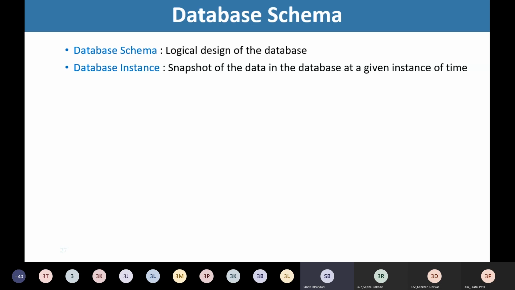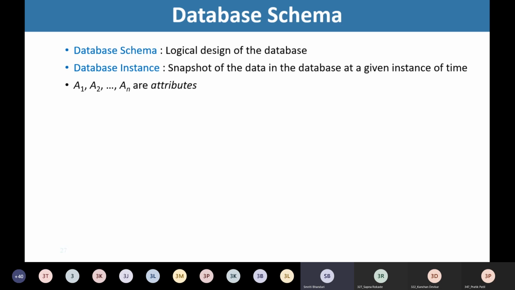It is a snapshot of the data in the database at a given instance of time.